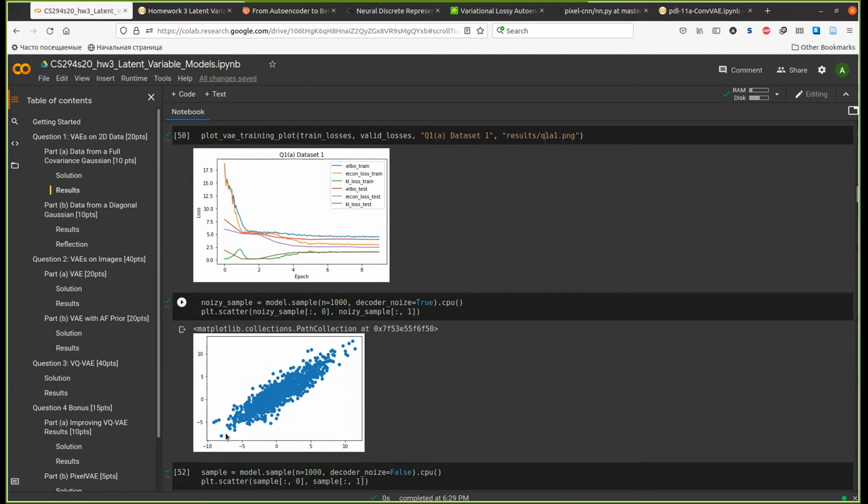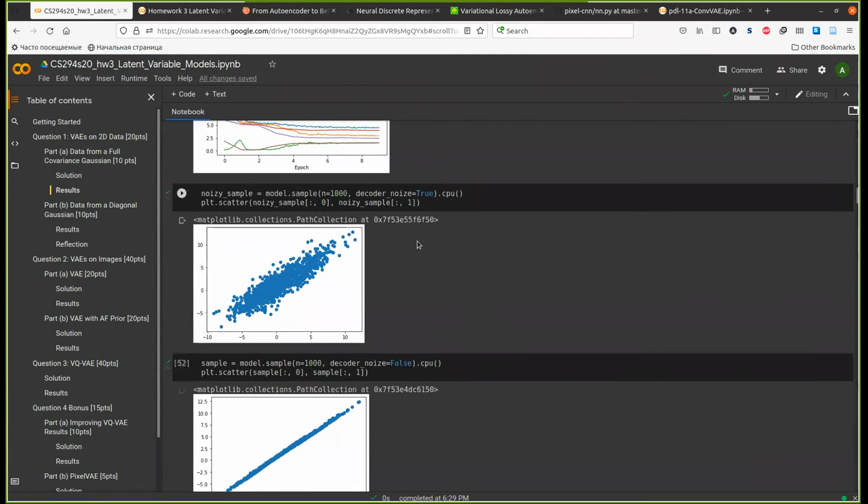So we assign to each data point some variance as well. And that's why when we sample with this decoder noise, we basically get back the distribution we trained for.